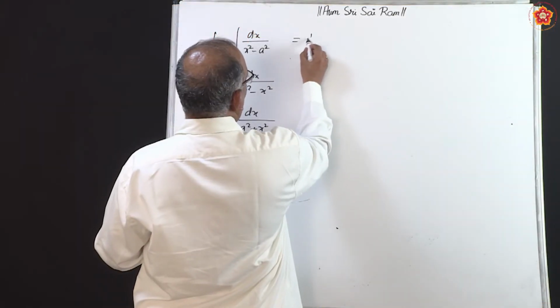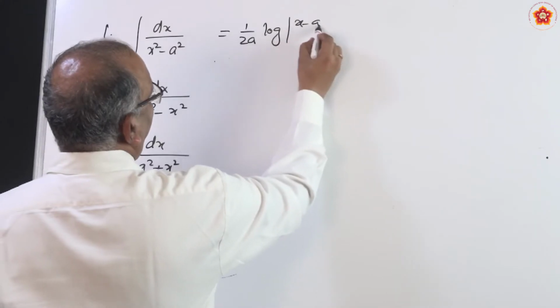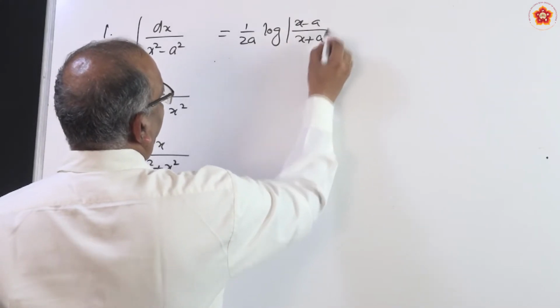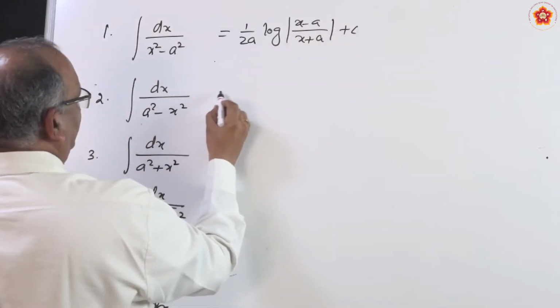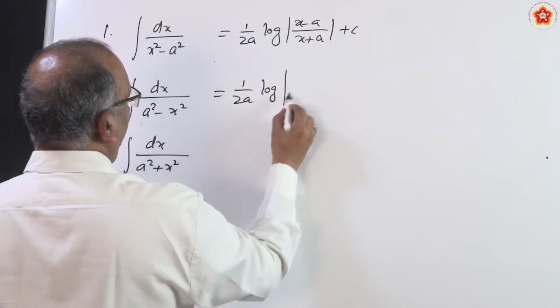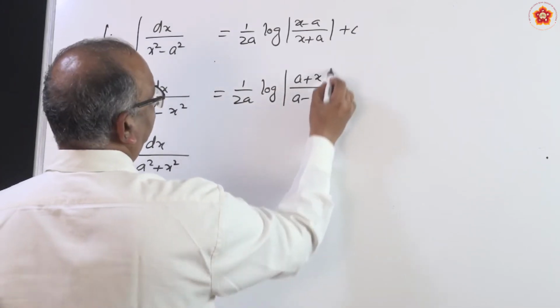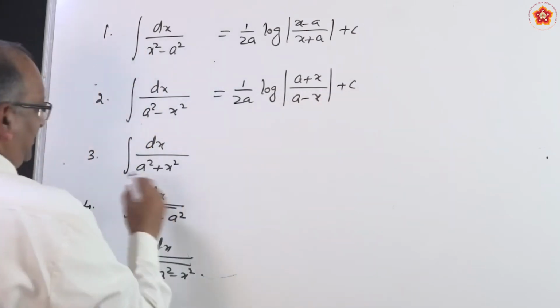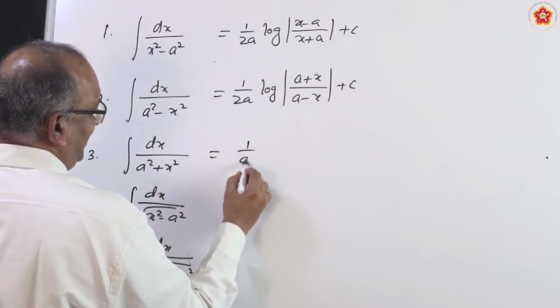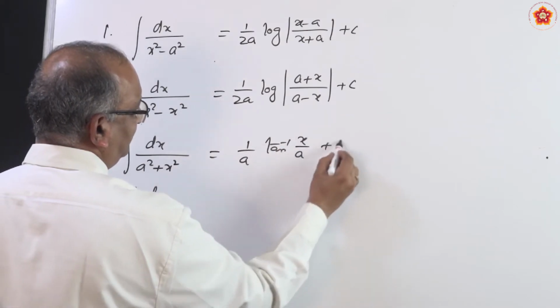This is equal to 1 by 2a log of (x minus a) upon (x plus a) plus c. This one is 1 by 2a log of (a plus x) by (a minus x) plus c. This is 1 by a tan inverse x by a plus c.